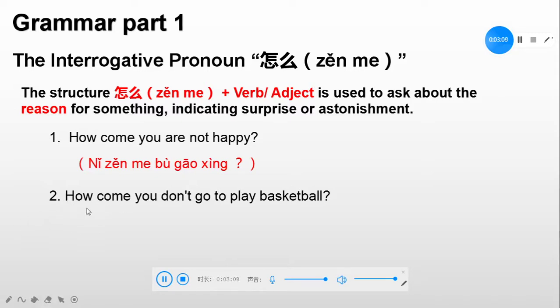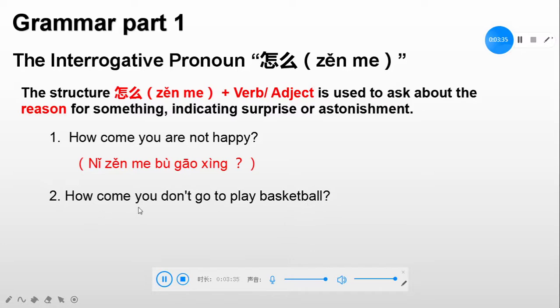How come 怎么 you 你 do not go to play basketball? Okay, not go to play basketball, not go 不去, right? Go is 去 and not is the negative word, which is 不去. Play basketball 打篮球.